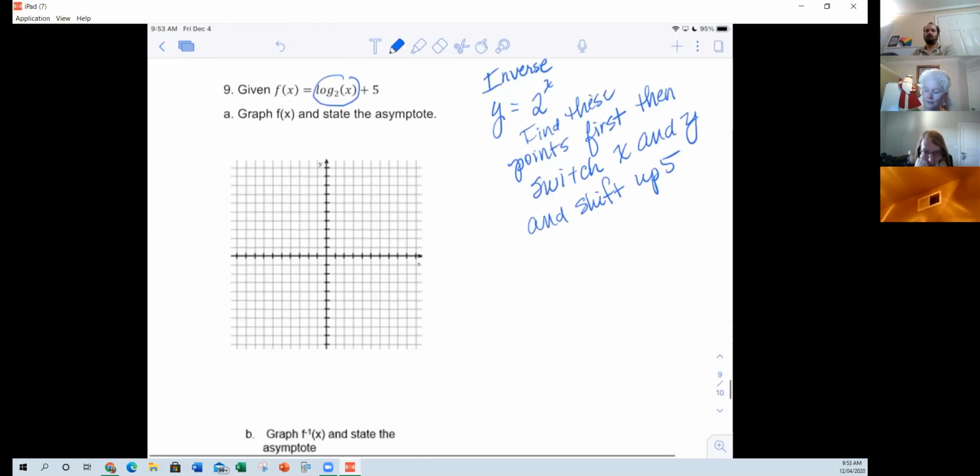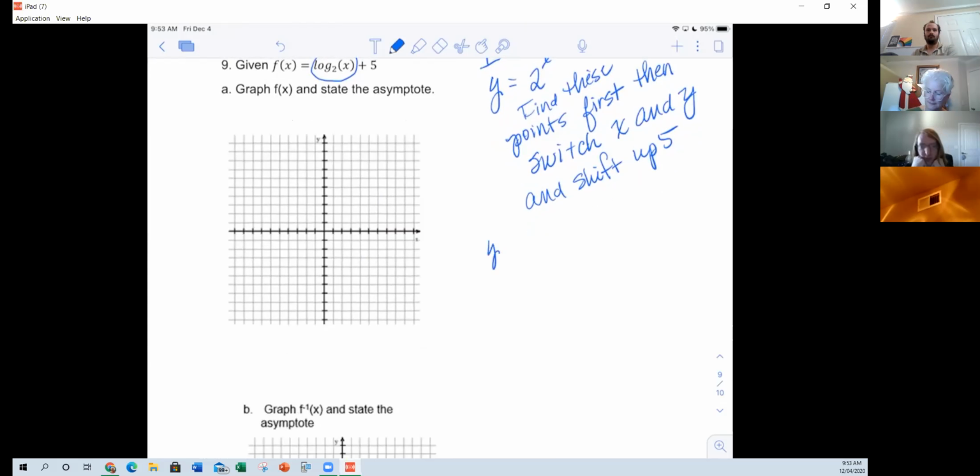Okay, so y equals 2 to the x would be 1/4, 1/2, 1, 2, 4.